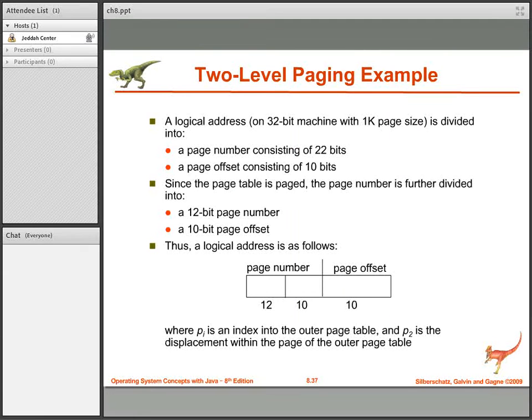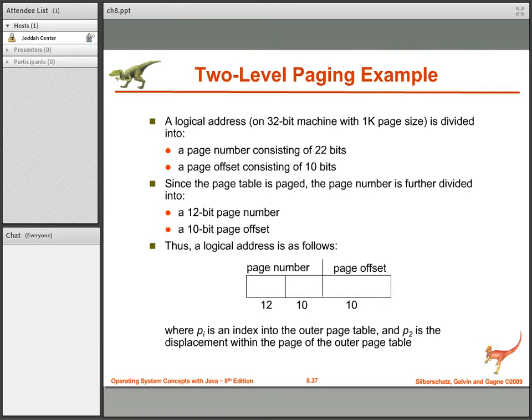An example of 2-level paging: you have a logical address on a 32-bit machine with 1K page size. You can divide it into a page number consisting of 22 bits and a page offset consisting of 10 bits. In fact, if you go back a few slides, whatever we explained regarding the page number and the page offset is clarified here in terms of bits.